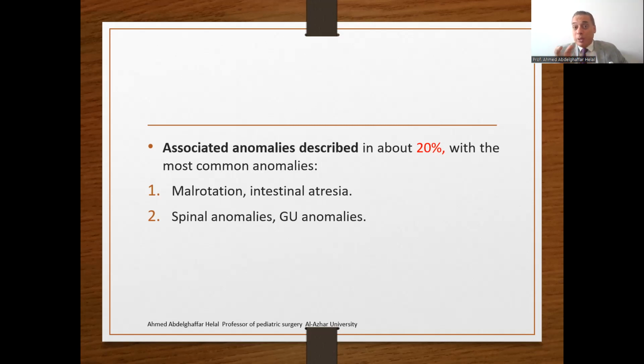Communication between the small bowel and the spinal canal is a very important and serious association, and in that condition, a neurosurgeon may be involved during the surgery for correction of this gastrointestinal tract duplication.